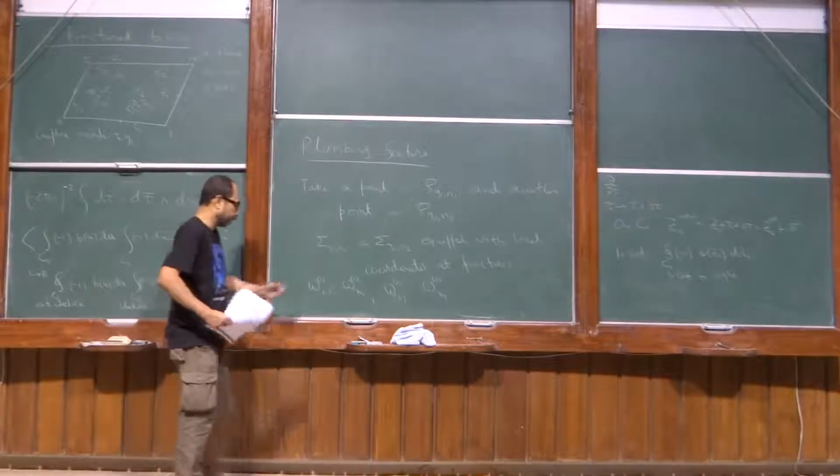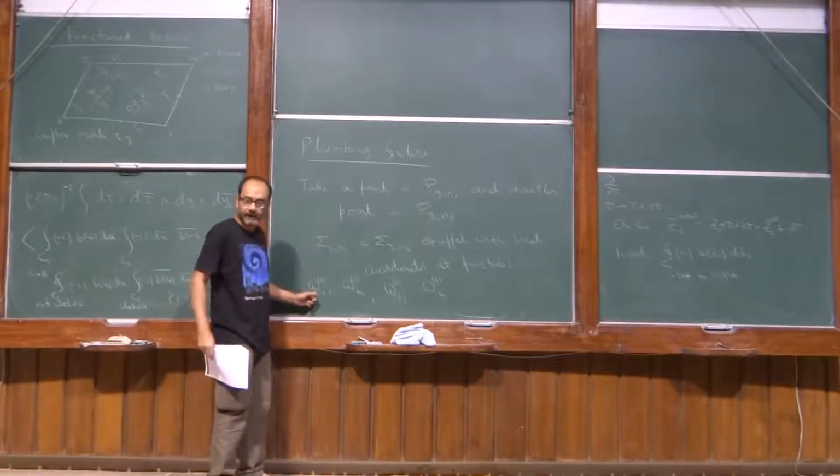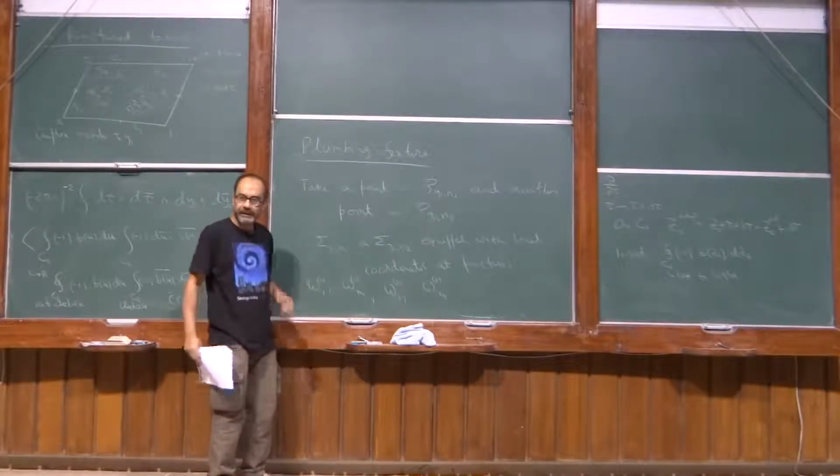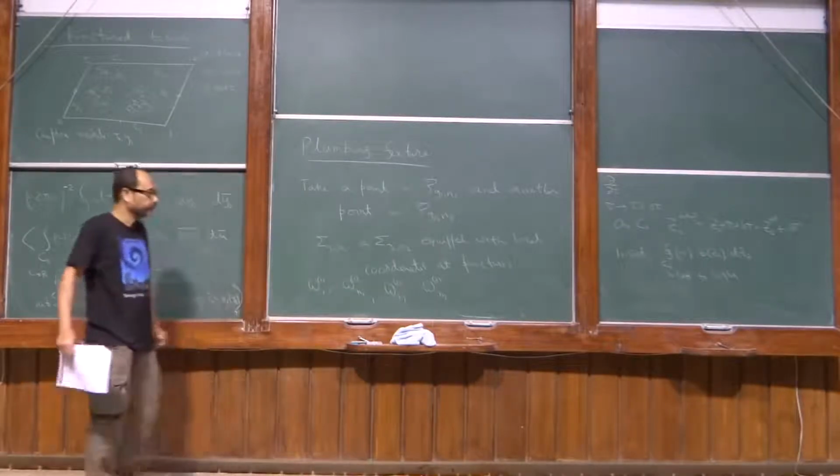So the punctures in particular are W11 equal to 0 is the first puncture on the sigma G1 N1, W12 equal to 0 is the second puncture on sigma G1 N1 and so on.